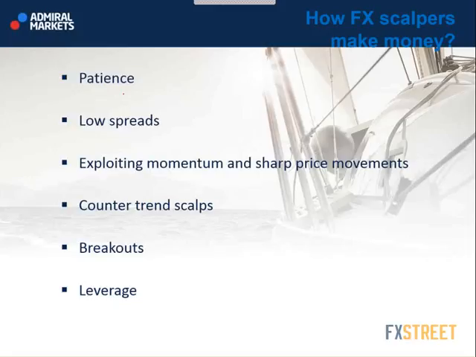And that is very good because sometimes you can see that on euro dollar and euro Australian dollar the trades are going in the same direction, but euro Australian dollar will make 20 or 30% more pips than euro dollar itself. So that is why we need to exploit momentum and sharp price movements in our favor.